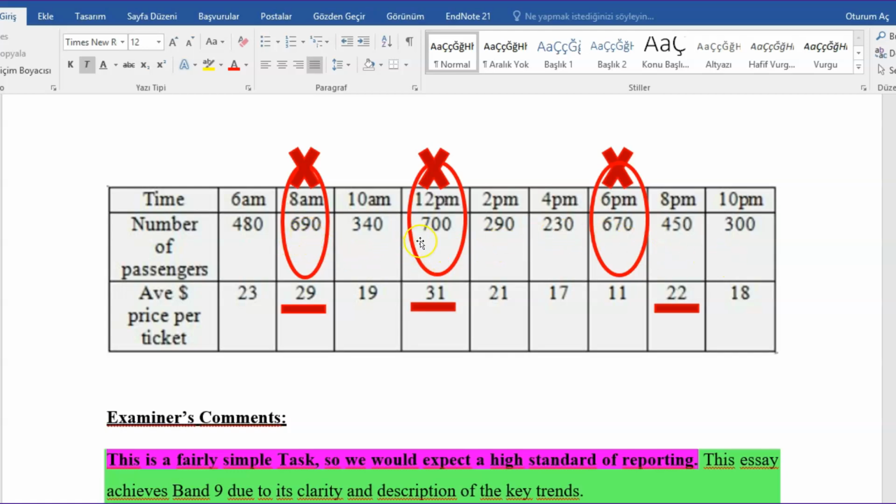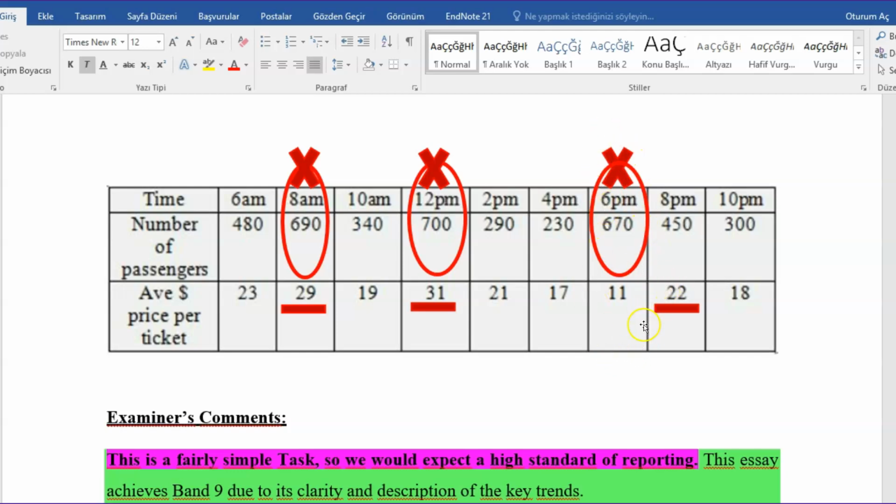In this specific area we have the most passengers: 690, 700, 670, at 8 a.m., midday, and 6 p.m. And what happens at these times to the average price? $29, $31, and $11.